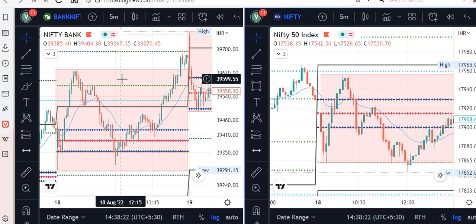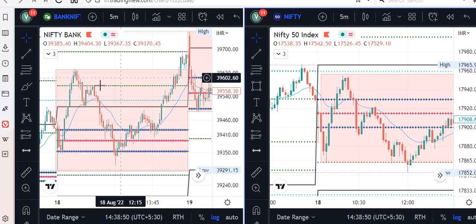For example, if you take a strategy, you have to implement this strategy for 3 months with 1 lot of Bank Nifty or 1 lot of Nifty. For about 3 months, you have to write down a journal about the strategy, what happens that day, what the scenario of that day is. That means whether the market sentiment is bearish or bullish.